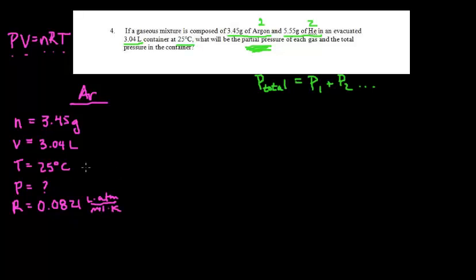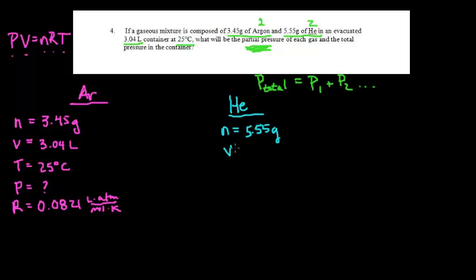And so right now I can find out the pressure of argon. Before I actually do that, let's write out the same information for helium over here. So helium is going to be this blue color. And I've got N is equal to 5.55 grams.